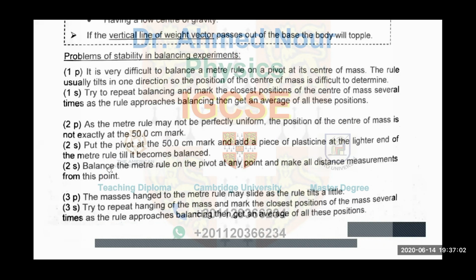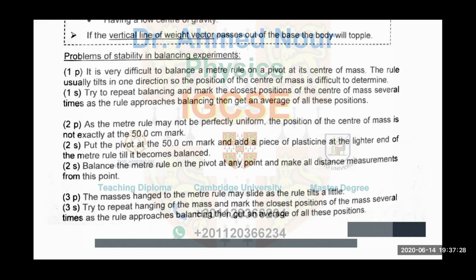Another problem, the meter rule may not be perfectly uniform. So the position of the center of mass is not exactly at the 50 centimeters mark. If you have a meter rule, its length is 100 centimeters. So if it's standard, the center of mass must be at 50 centimeters.